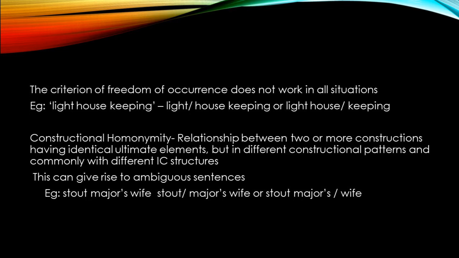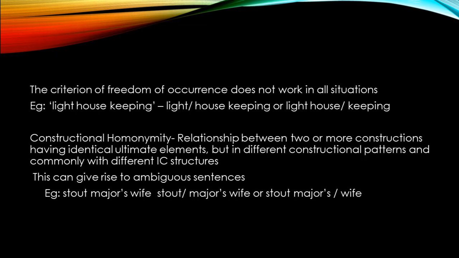The ultimate constituents will be the same, but then these two constructions will have two different constructional patterns as well as two different IC structures. Okay, so depending upon the context, the same construction, light housekeeping, can have two different constructions, two different IC structures.